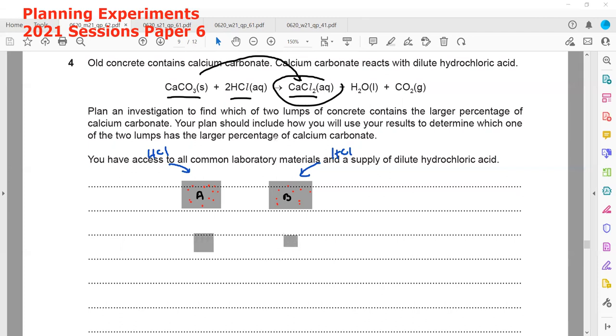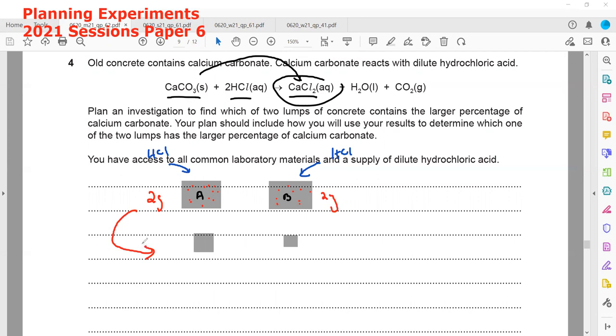How will we know which one contains a greater proportion of limestone, or calcium carbonate? We'll compare the change in mass. For example, sample A is 2 grams, and sample B is also 2 grams.